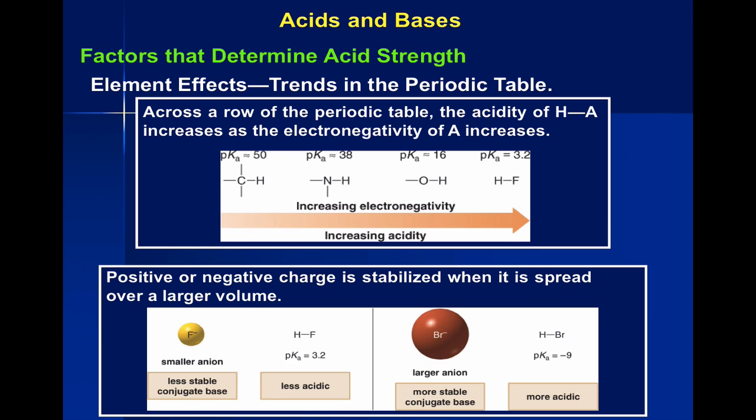Okay, so the element effect, put it in language for me. What do you think, Amber? The element effect. How would you describe it to your neighbor?